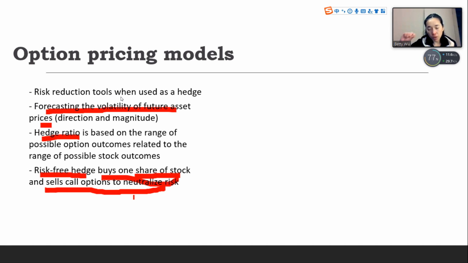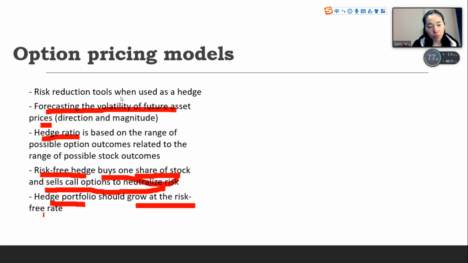Remember, you're trying to achieve a hedged position. You don't want your position to go up or down in the next period. So that's why you write a call. Because it's a hedged position, we assume it should earn the risk-free rate. So this is how we come up with the pricing in the end.